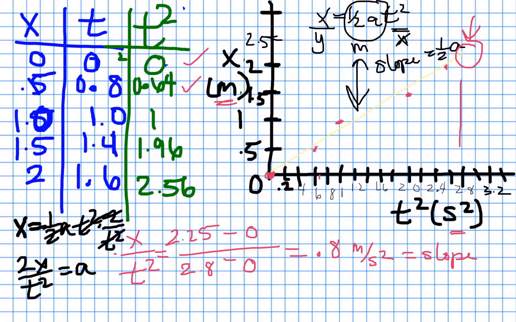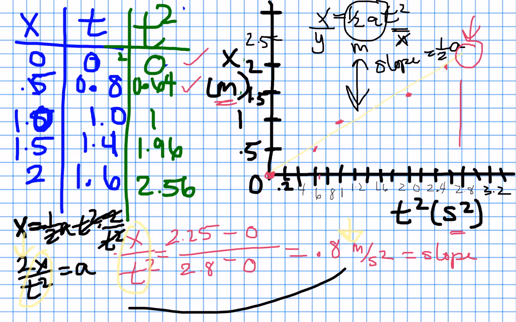So you can see there's some strong similarity right here between these two terms. They're really, really similar. In fact, the only thing we have to do is take our slope and plug it in, because remember, the slope is half of the acceleration. So if this is half of the acceleration, how do we get the whole acceleration? We multiply it by 2.